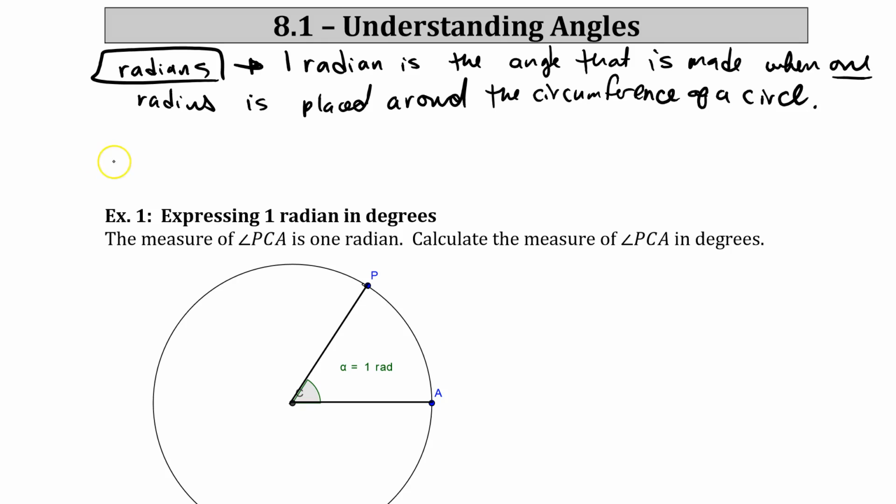So we know that 2 pi radians is the same thing as all the way around. Okay, so 2 pi radians is 360 degrees.